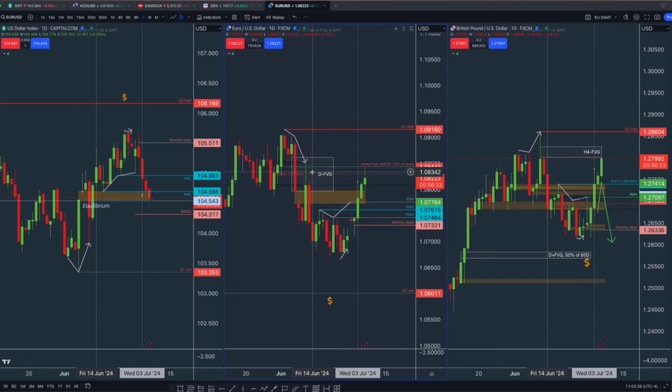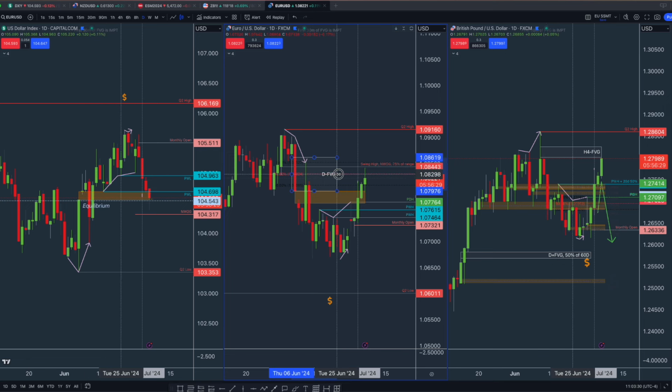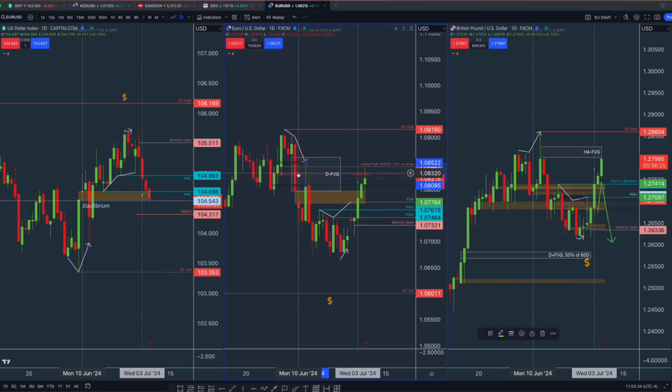It's covering it, right? So when you look at the midpoint, if I just show you this daily FVG, this line is actually the midpoint of it, and this 50% of this wick is right here. Okay, so take note of this level as well.